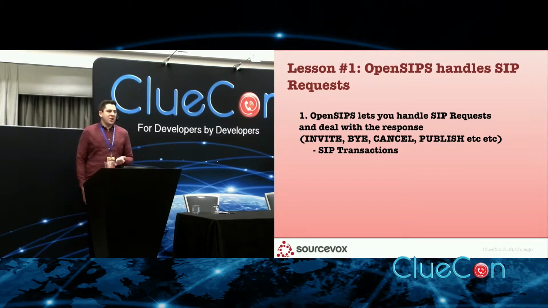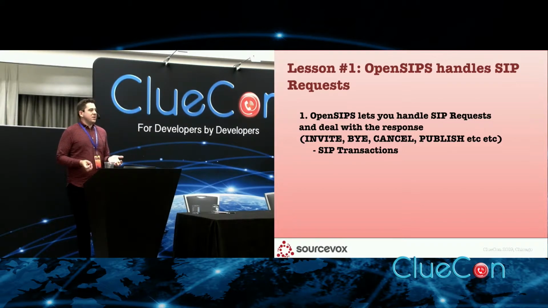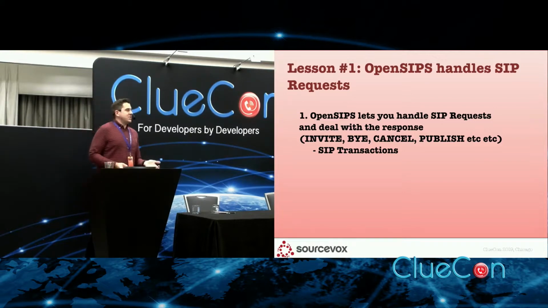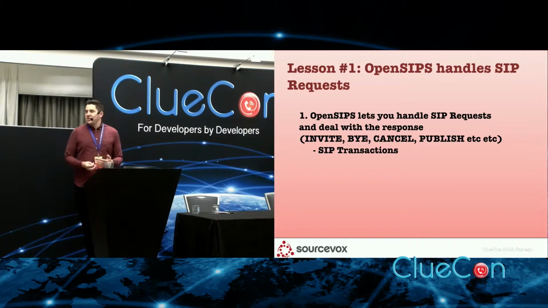So you basically in OpenSIPs get presented with the invite message, the bye request, the cancel request, etc. And then it's up to you, literally in the script, as the script writer, as a developer, to say, oh, I've received an invite. What am I going to do with that invite now? There's no real concept of just saying in OpenSIPs, answer the call. You have to choose what you want to do with the invite. And that was a big lesson for us.